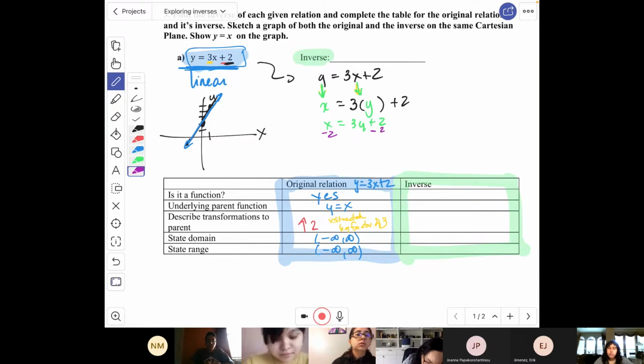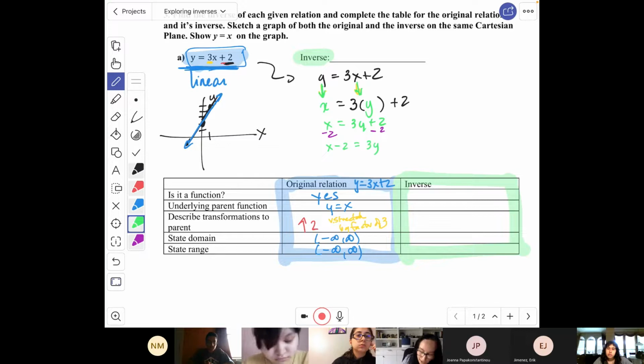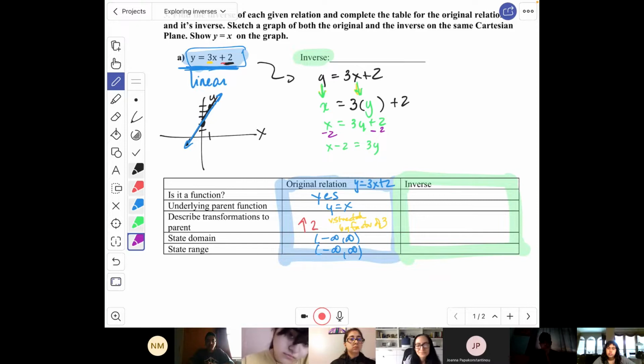All right, then that would give me, that is correct, x minus 2 equals 3y. And then my last step to solve for y would be what? How do I isolate the y? What's standing in the way? Divide by 3. I'm going to divide everything by 3.